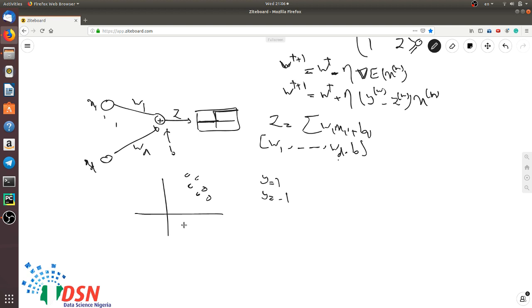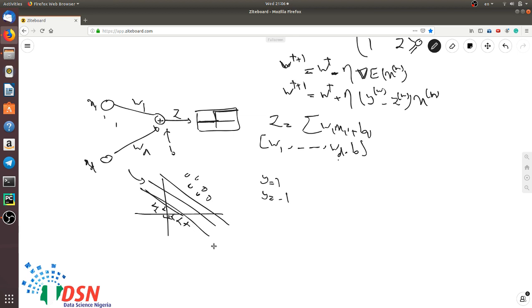So we have two groups of data points, and the goal of perceptron is to find this hyperplane. As you could see in here, it is not actually a unique hyperplane, so this is also a solution of this problem. Likewise this one.